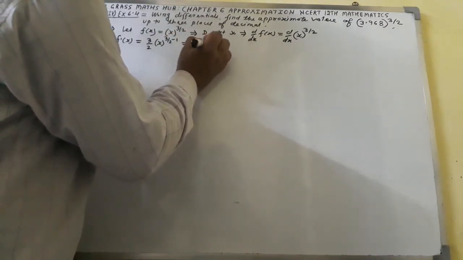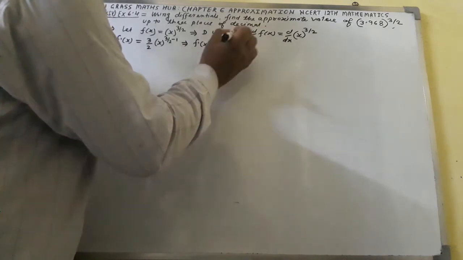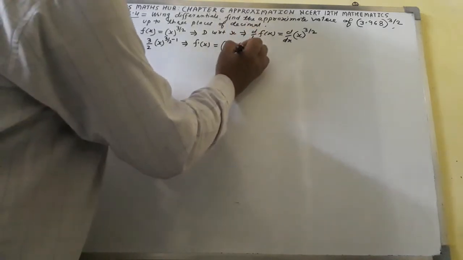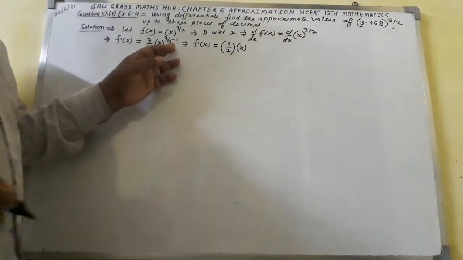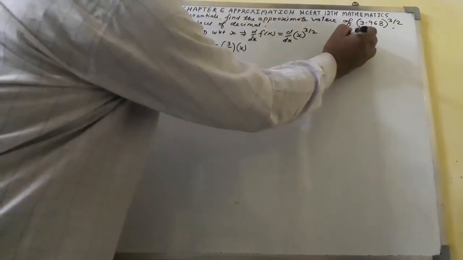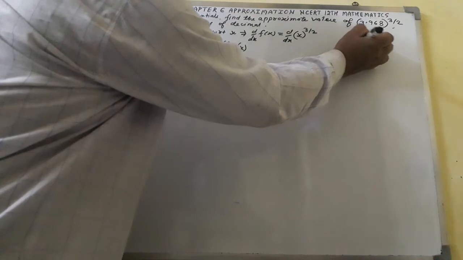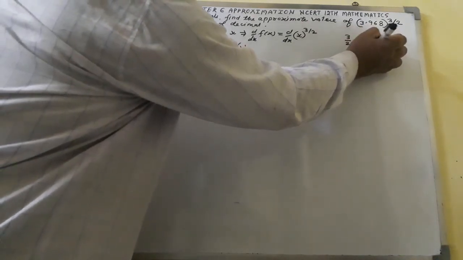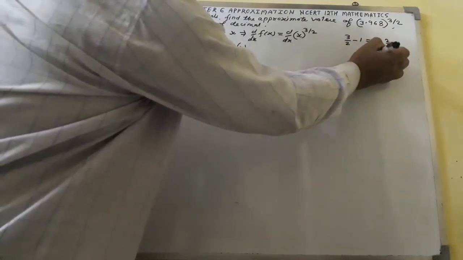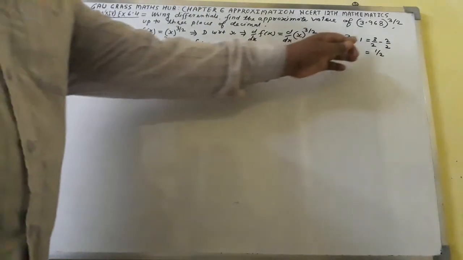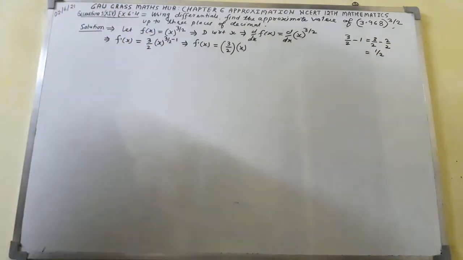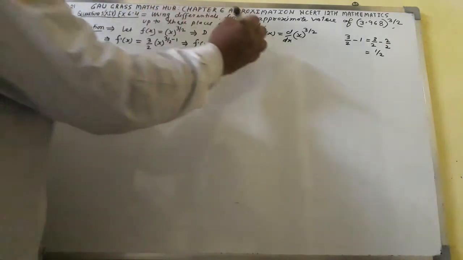So f'(x) equal to 3/2 x raised to the power. Now simplify this: 3/2 minus 1 can be written as 3/2 minus 2/2. With the LCM 2, 3 minus 2 comes out to be 1/2.